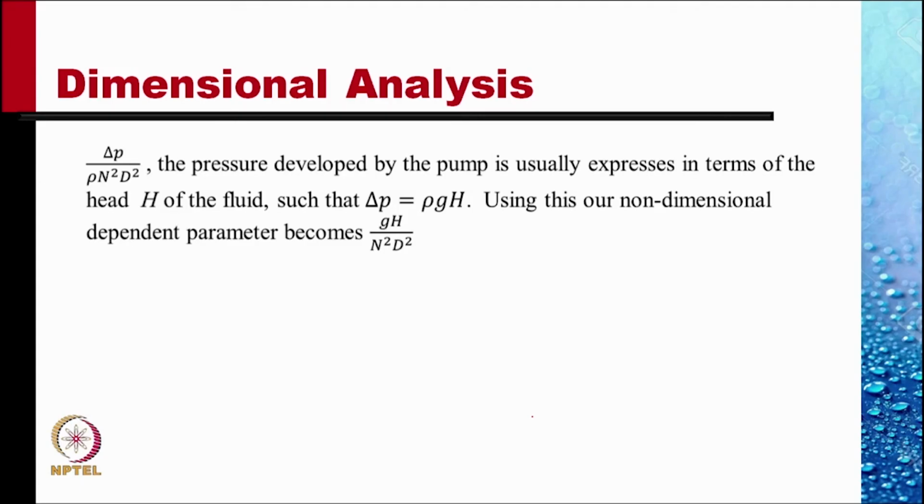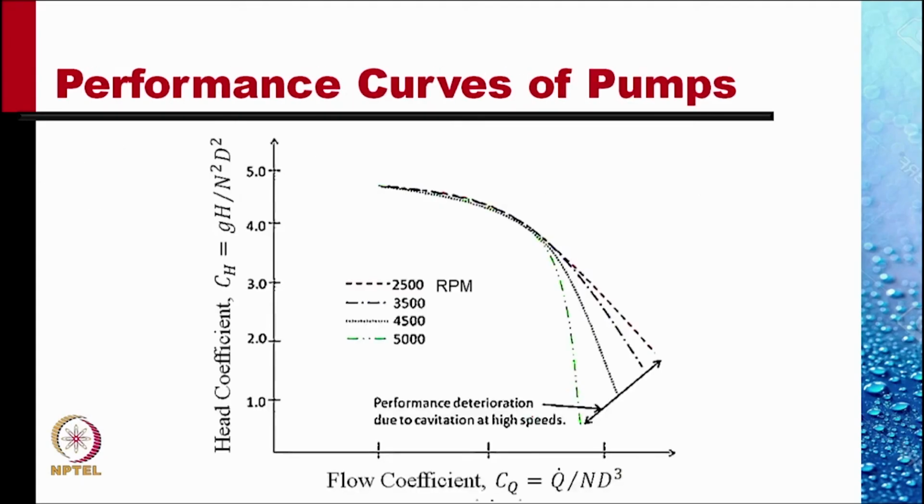And the independent parameter is Q dot divided by n d cube. So there is only one dependent parameter and one independent parameter. So we can get one graph.